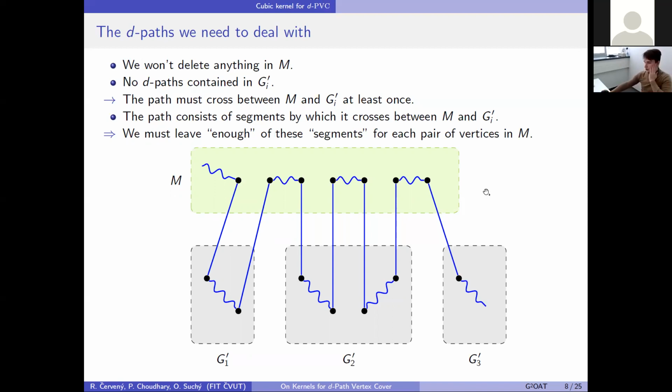How we are going to tackle this is that we are going to split the path into these segments. These segments always start in the packing, they cross outside, do something there, and then return to the packing. So there will be a pair of vertices in the packing and some path between them outside the packing. And this is some segment that we will work with.